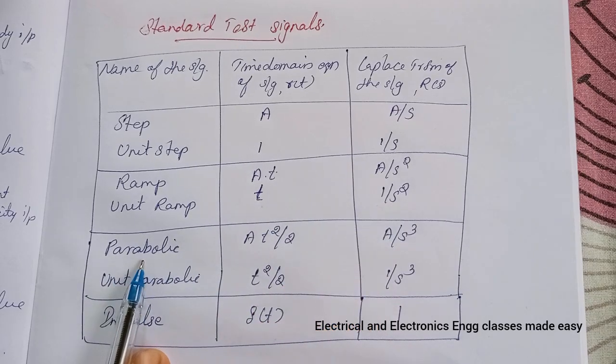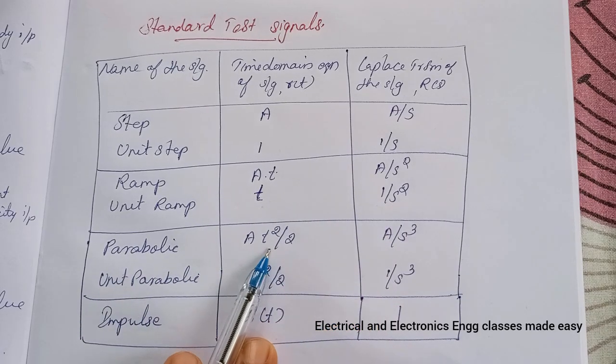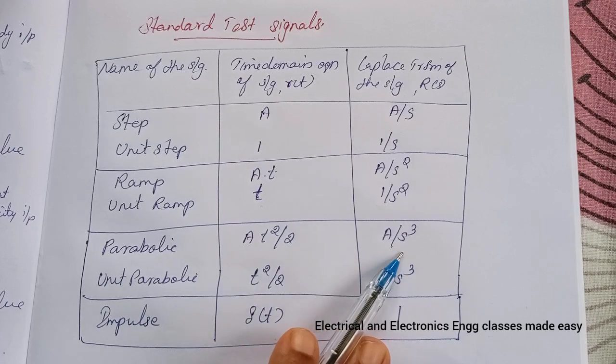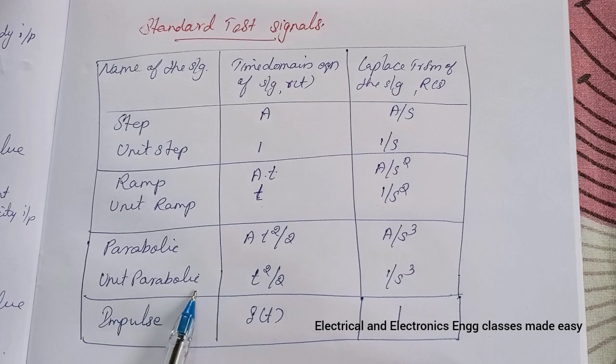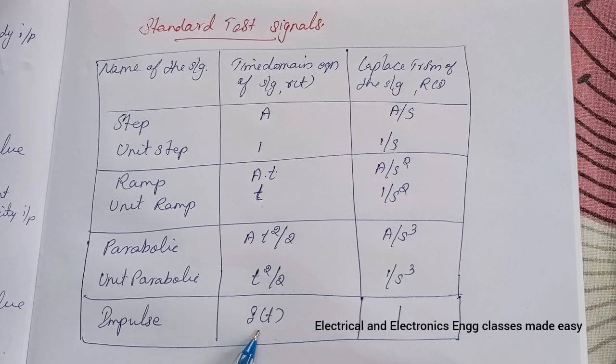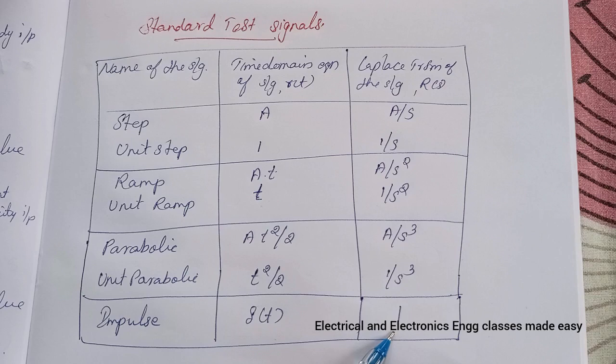For parabolic signal, time domain equation is A t square by 2, Laplace transform is A by S cube. For unit parabolic signal it is t square by 2 and 1 by S cube here. For impulse signal, time domain equation is delta of t and Laplace transform is 1.